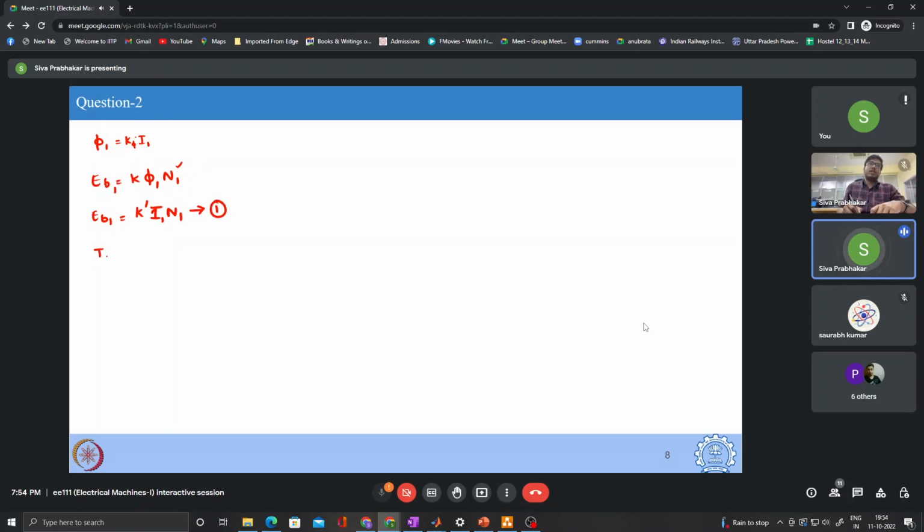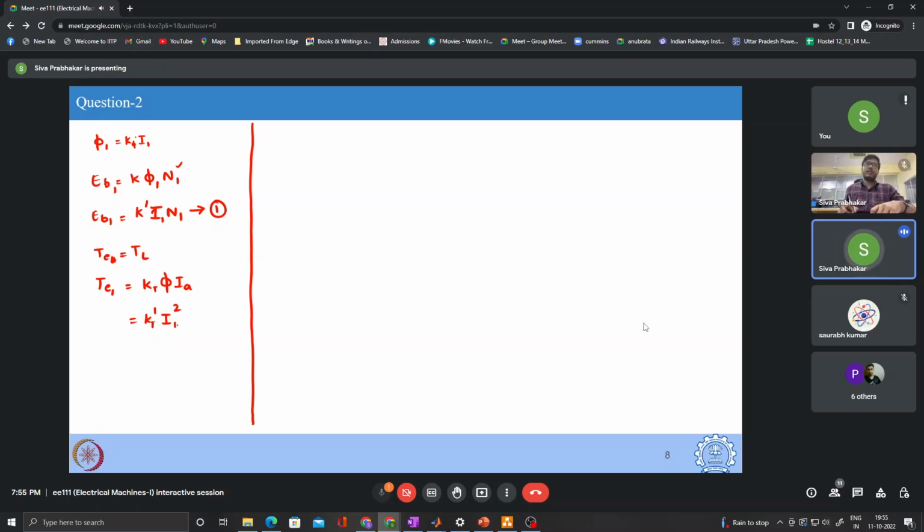Similarly, TE1, which is at steady state, T equals TL. So we can write TE1 equals KT into phi into IA. For this particular condition, it is KT dash into I1 square, because IA and IF are the same.